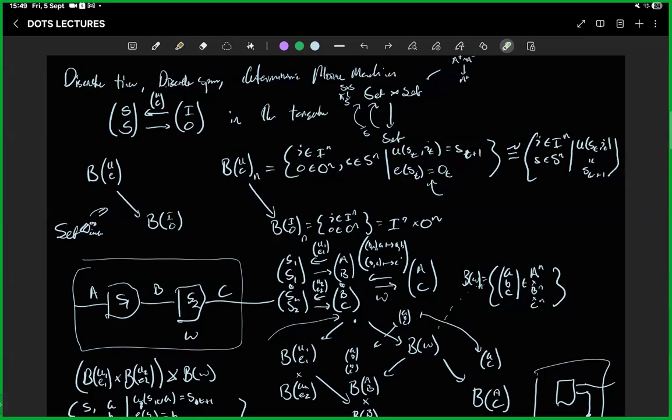A slightly more interesting version of this is if U here was not a total function, but instead we took partial functions. So it's teeny up here, but I'll do this s plus 1. Now U would go from s times I to s plus bot, the set containing bot, right?